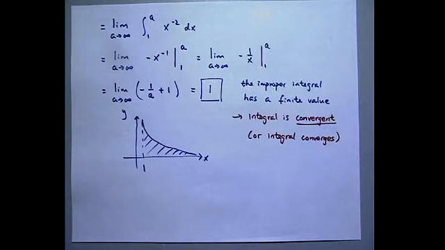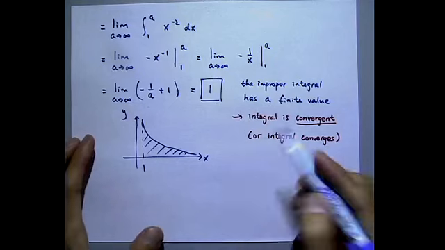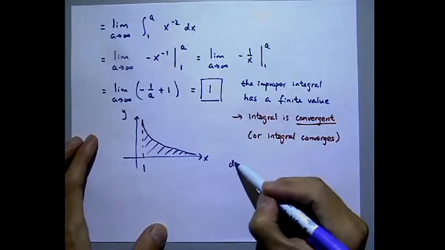What does it mean when I get a number 1 here in terms of area? Is it exactly equal to 1? That's right. It doesn't mean that the area is exactly equal to 1.